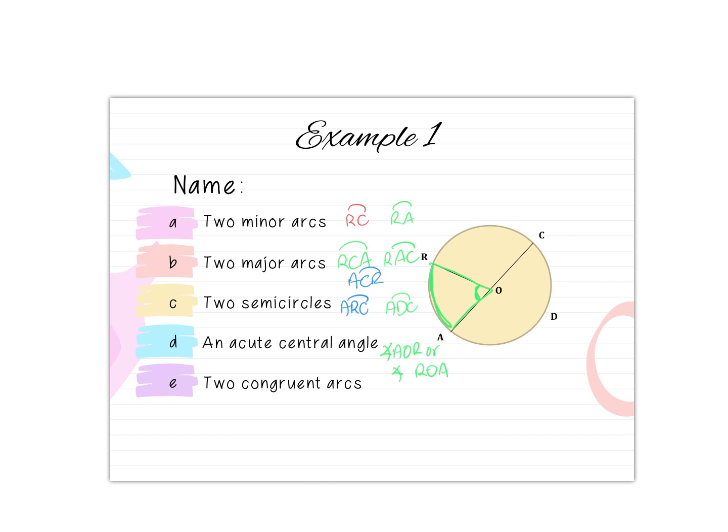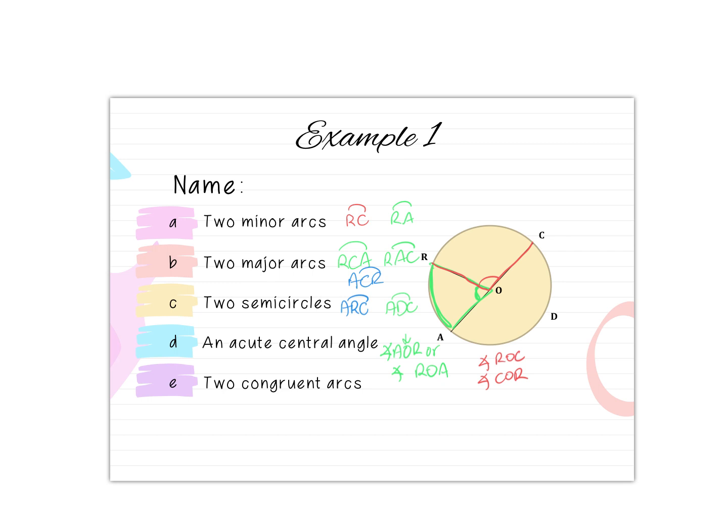Remember that the center is going to be the middle letter, right? And that's the only one they asked me for. Another one I could have written was angle ROC, which is also angle COR, depending on the order of the letters.